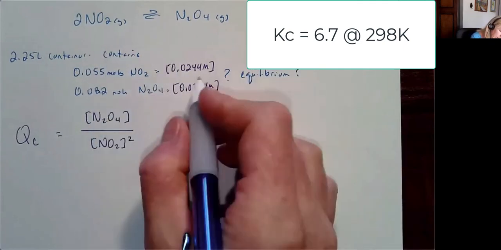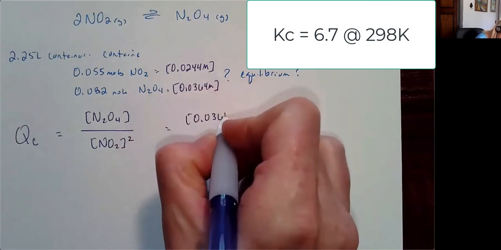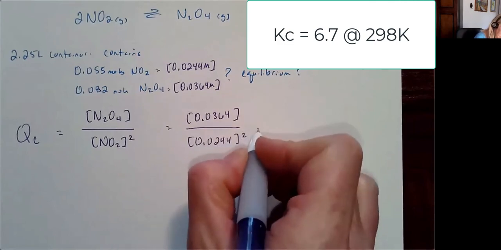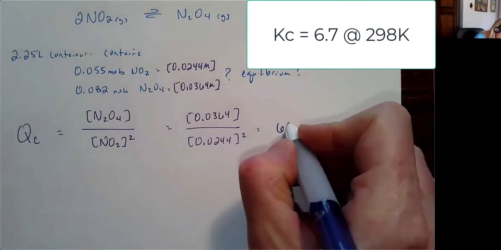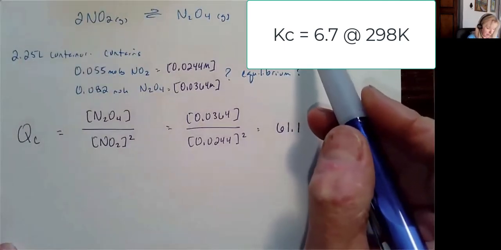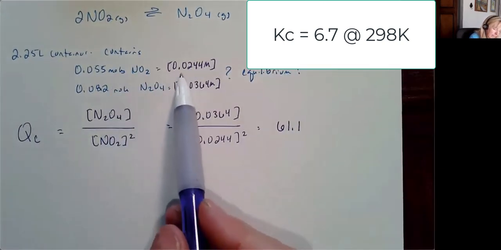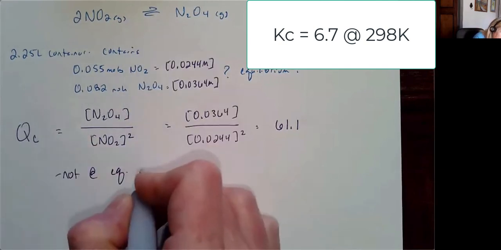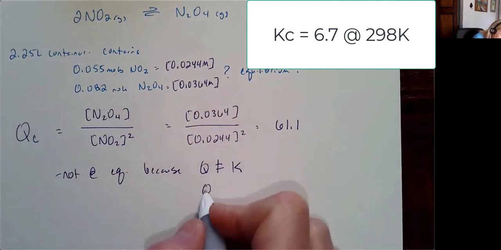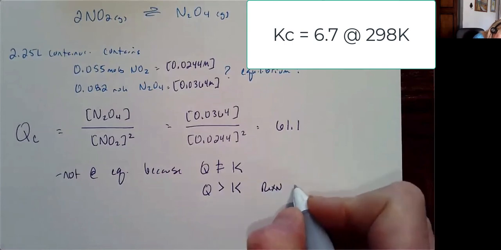So let's plug our values in here. So 0.0364 over 0.0244, and that whole thing squared. My Q is 61.1, which is much, much greater than my K. So this tells me that if I have these molarities of these gases, I'm actually not at equilibrium, because Q does not equal K, and since Q is greater than K, the reaction is going in reverse.